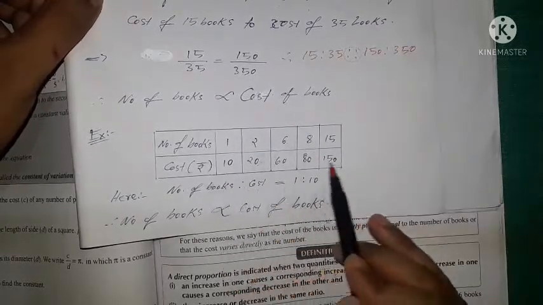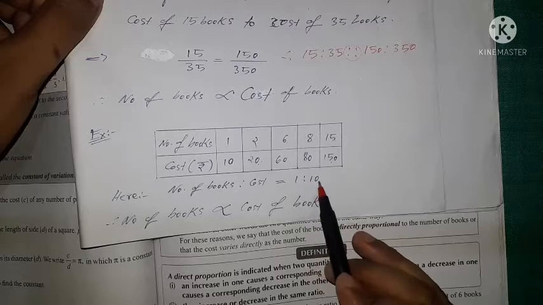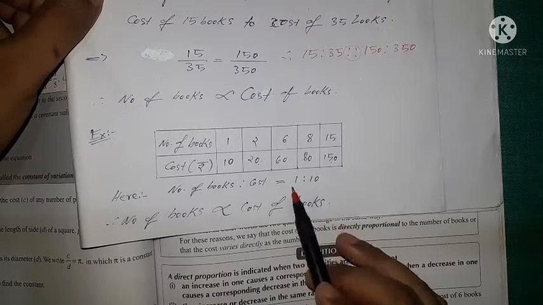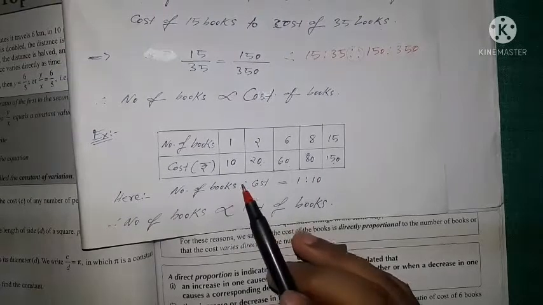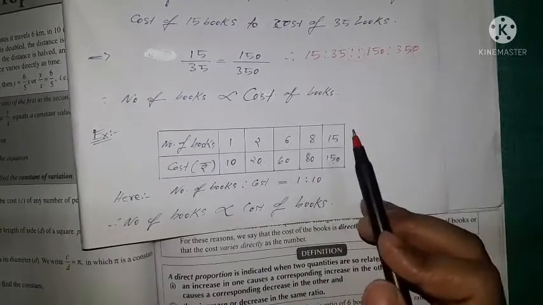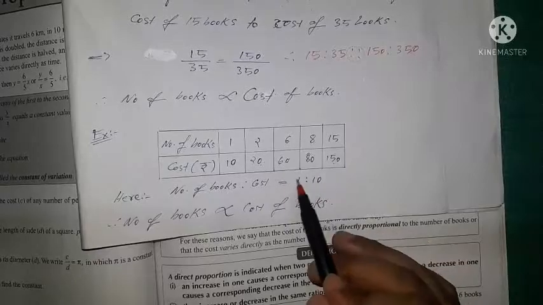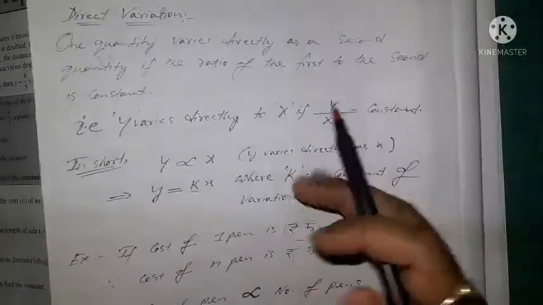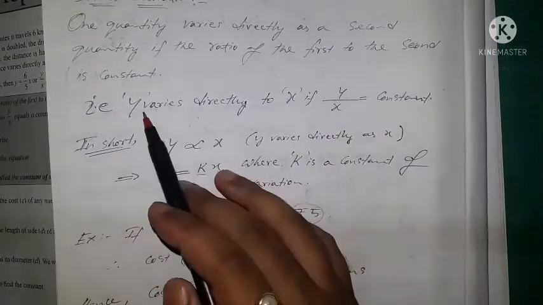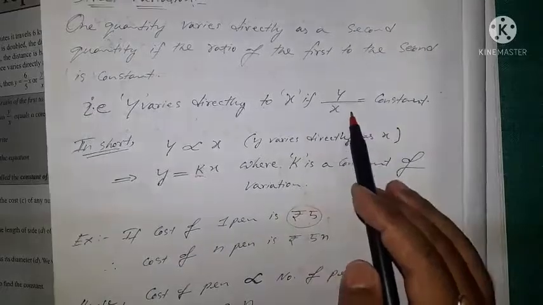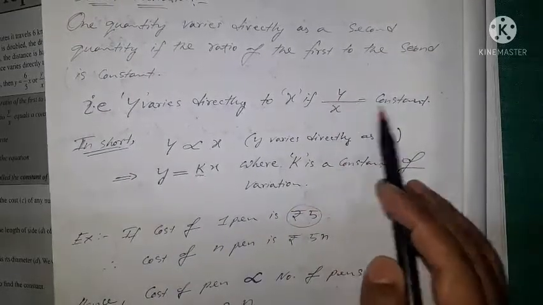See, in all the cases we get the ratio as constant, that is 1/10. If the ratio of the first to the second is constant, that is the definition of direct variation. That means y varies directly with x if the first divided by the second is constant.